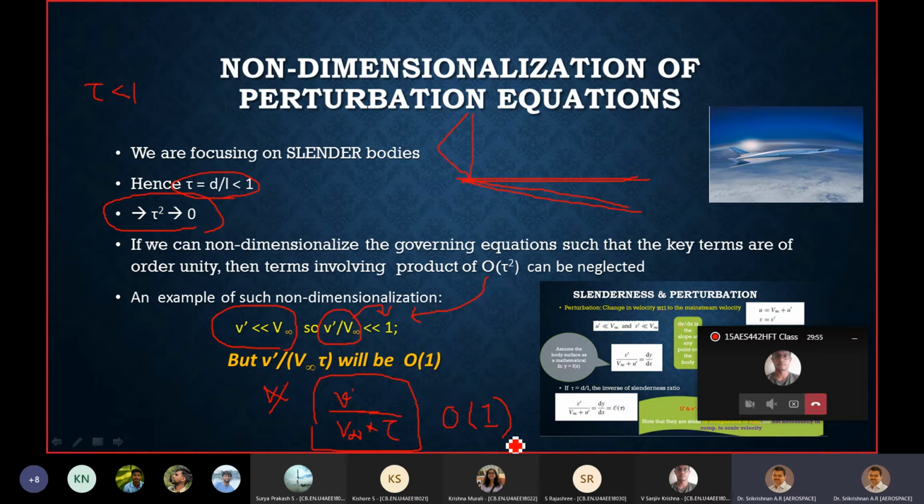So what we are doing is, concurrently, using non-dimensionalization and an order of magnitude analysis. Okay, I think I should stop here.